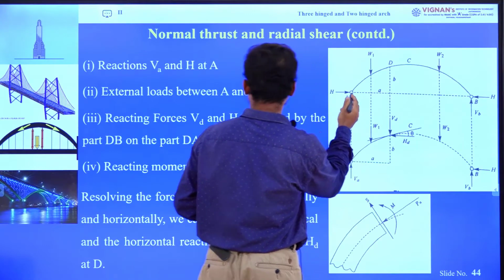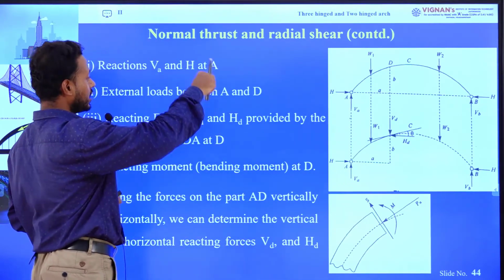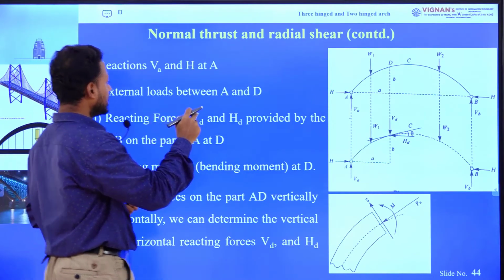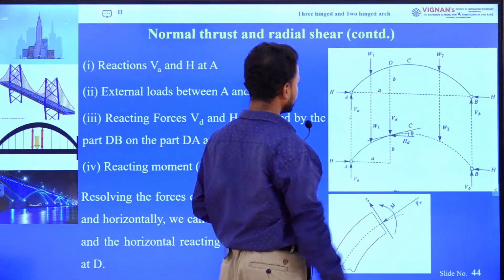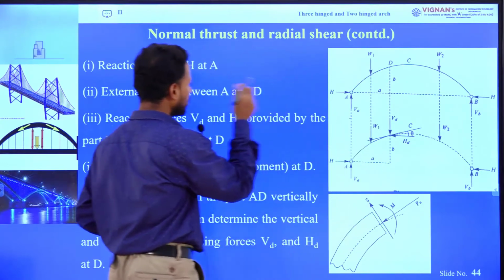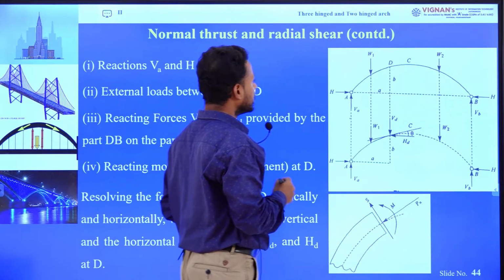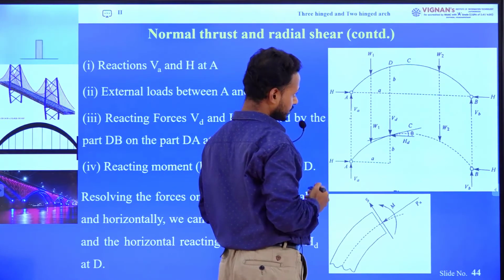So at point A, VA is working vertically and H is working horizontally. Next force is the external load, W1, working at any point, maybe at this point, this point, at any point the external load is working.